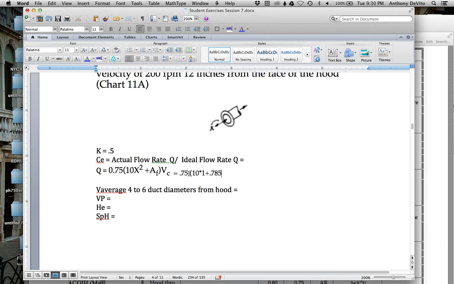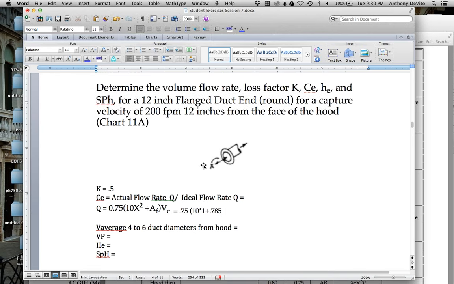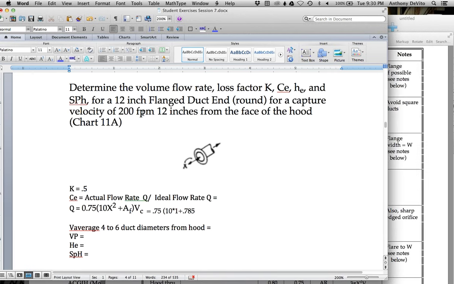So it's 0.75 times 10 times the distance we're going to be from the hood, where we want a 200 foot per minute capture velocity, 12 inches from the face of the hood.